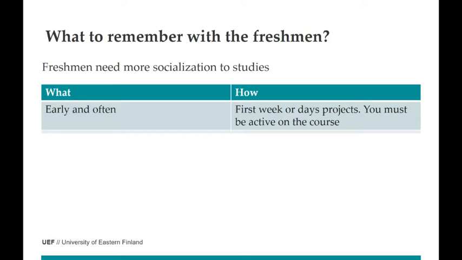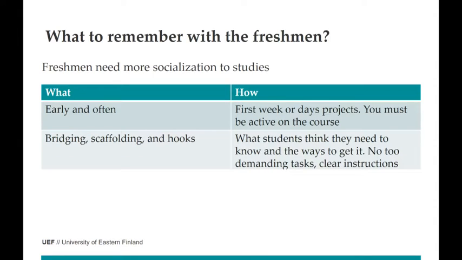But if we get them active during the first week, during the first days, they get more engaged on the course. And then having some bridging, scaffolding and hooks. So what the students are thinking they need to know and the ways to get it. The goal can be different for different students. So in my case, some freshman students just want to pass the course.